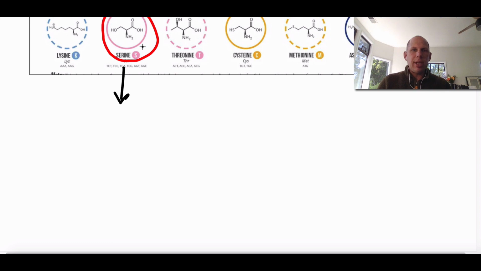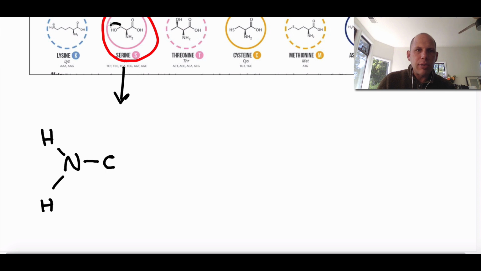Okay, so we have the amine group on one side, that N, H, H. Remember there's lone pairs here on that N. Okay, and then here, so that's that, we have this C. Okay, and what's coming off that C right here is this group. And that group is a CH2 and an OH.